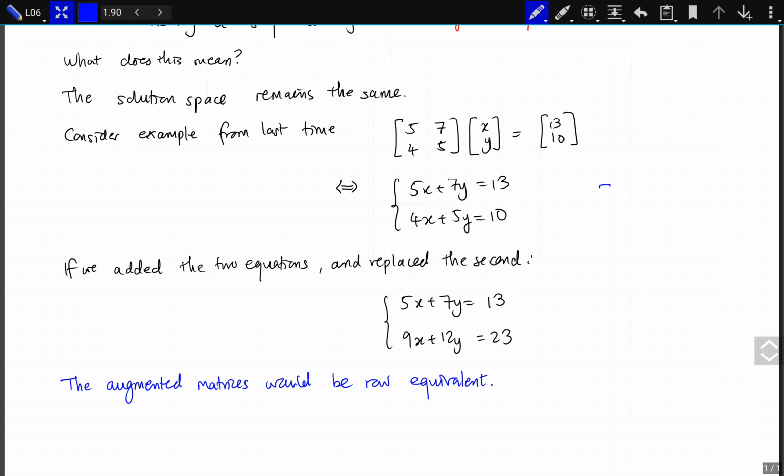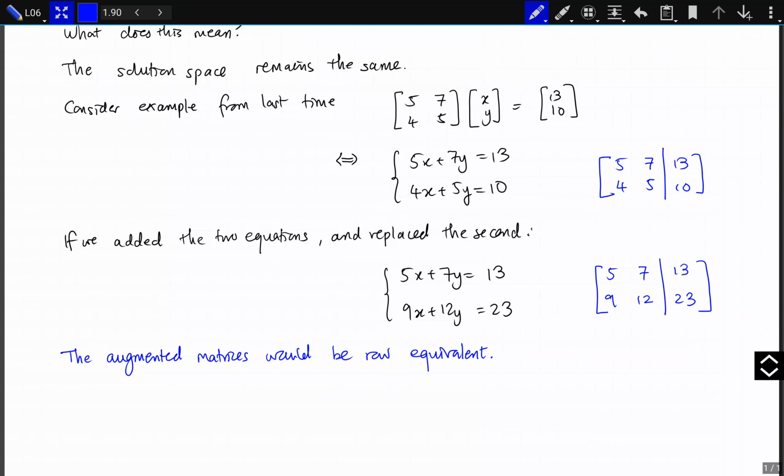Remember, in this first case, we had 5, 7, 4, 5, straight line, 13, 10. And in the second case, we had 5, 7, 9, 12, slash 13, 23. So these two matrices are row equivalent. And that's the theme we're going to do today.